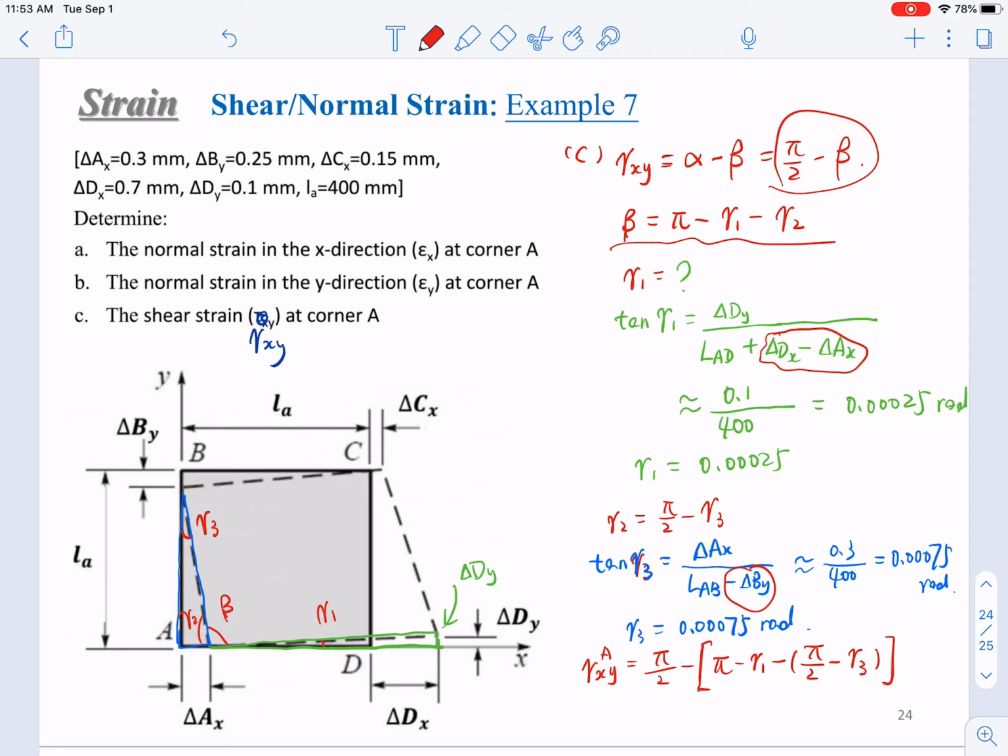So this equals gamma 1 minus gamma 3, which will be negative 0.0005 radian, or negative 500 microradian. Negative means that this angle is larger than pi over 2.